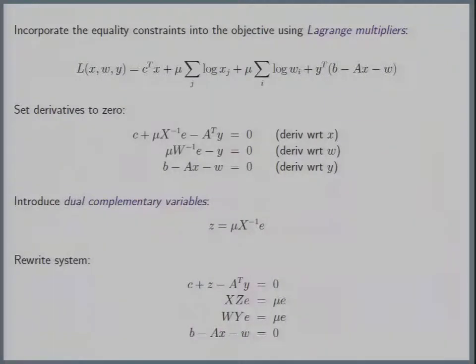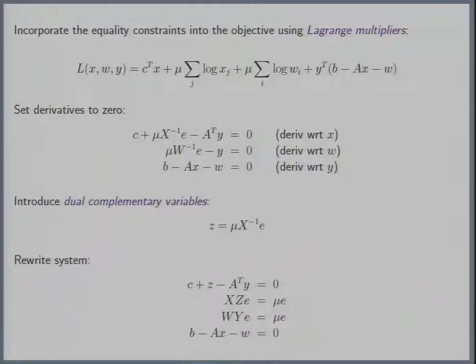Similarly, if I take the derivative with respect to w, there's no w here, there's no w here. This here gives me the same idea as before. I'm going to get a 1 over wk when I'm differentiating with respect to wk. All the other terms in the sum go to 0, so I just get mu over wk. And the only other place that w appears is in this last one here, and that's just going to give me minus yk.